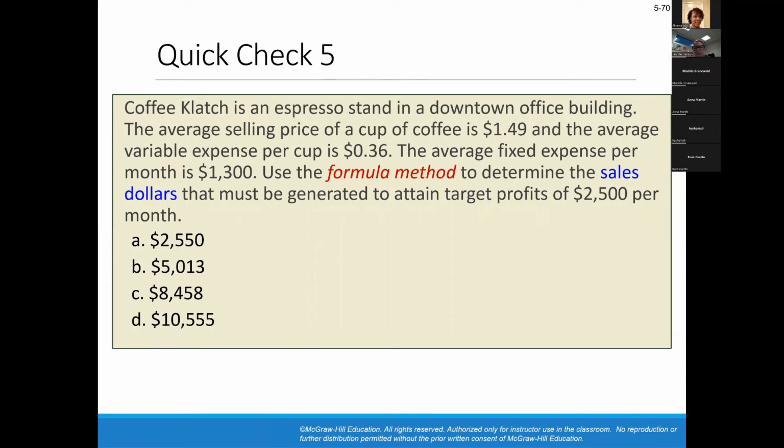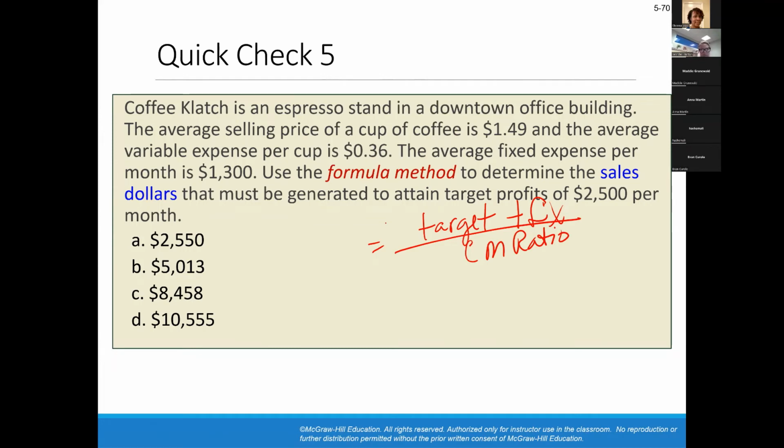All right, now it says determine the sales dollars that must be generated to attain a target profit of 2,500. So we had the units, now we want to know the sales dollars. Okay, target plus the fixed over the contribution margin ratio.